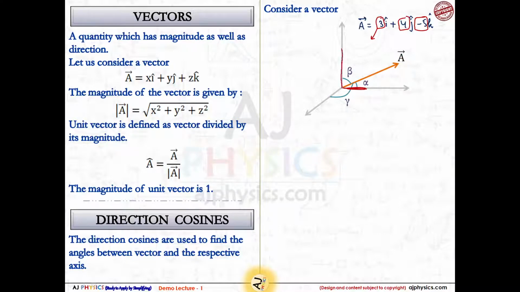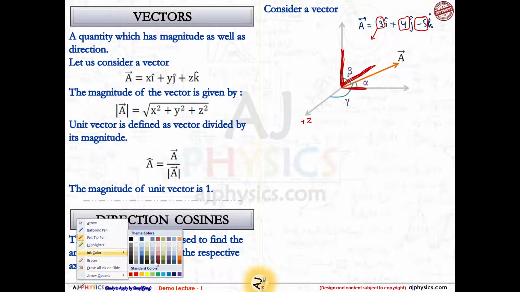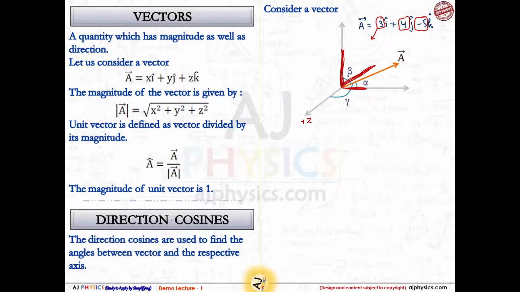Y-axis could be 4 parts here. And in the minus z-axis, I have to make it somewhat over here, the axis which is going opposite to this plus z. Fine. So let us consider this a vector here which is having these 3 components in x, y and z: 3 parts in x, 4 parts in y and 5 parts in minus z axis.